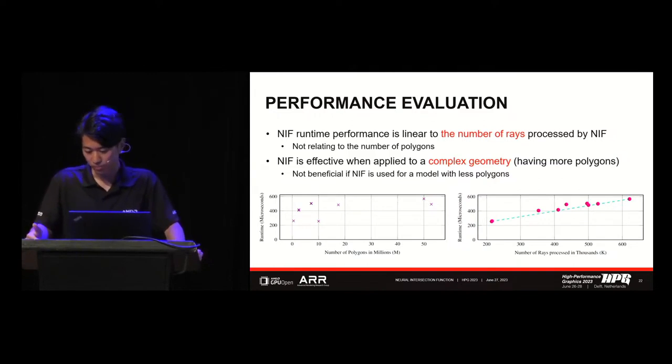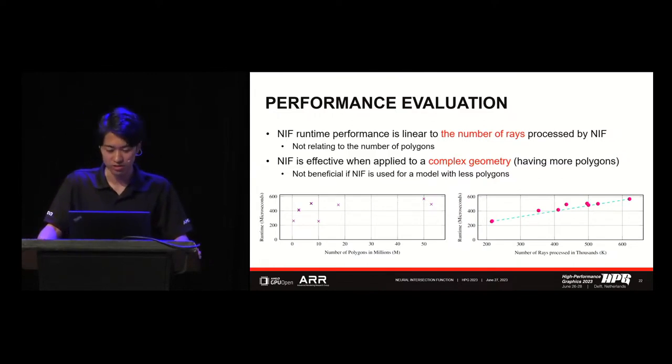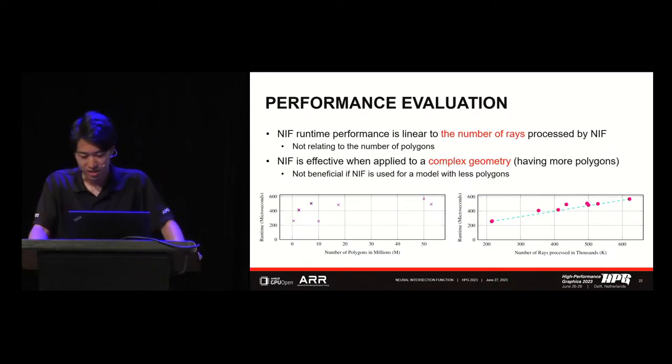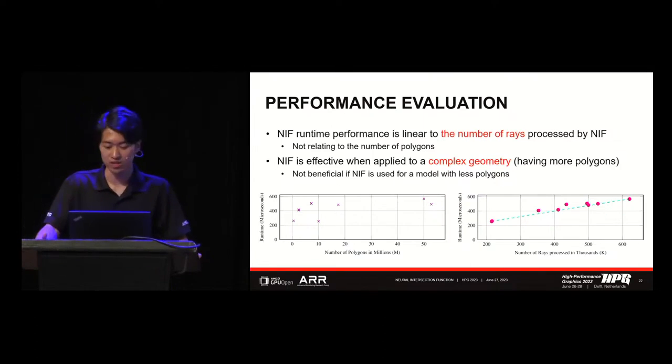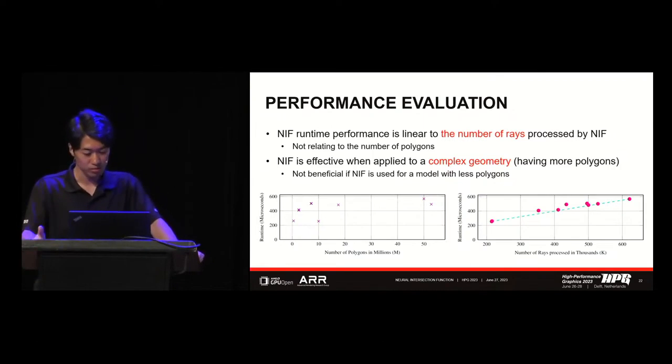Therefore, because NIF's computational cost is not proportional to the model complexity, NIF is more effective when it's applied to complex geometries. And if NIF is applied to a model with low complexity, it cannot gain much benefit from it.